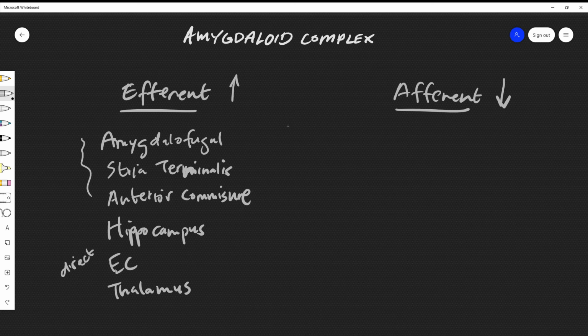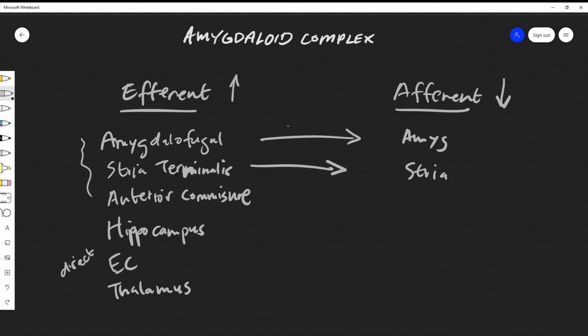Okay, and if we go to the afferent, you'll notice there's amygdalofugal and stria terminalis. So we'll just write amyg and stria. So these are bidirectional pathways.